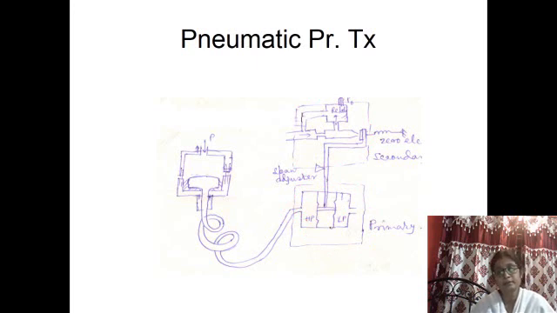So the primary transmitting unit is the DP cell, where the differential pressure is compared and accordingly it changes the movement of the flapper unit. See how this can be done. Since this is a silicon filled jacketed pipe, if the pressure of this chamber increases, then the pressure on this will increase and pressure will rise at this side.